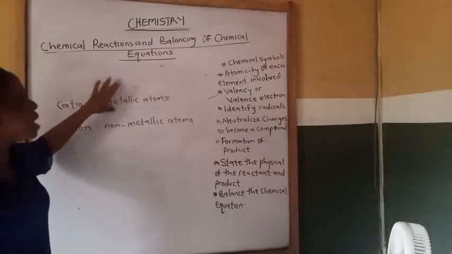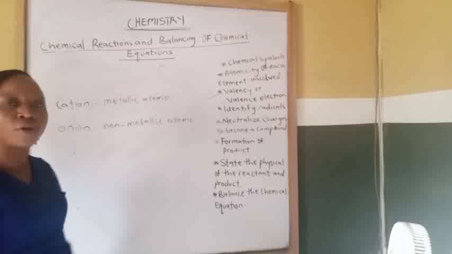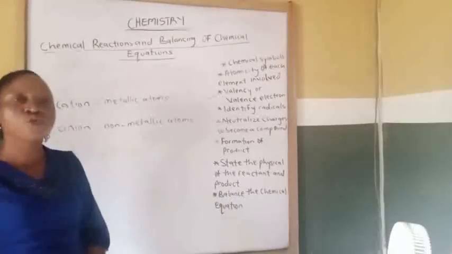Then how can we determine the number of valence electrons? So you write the electronic configuration of that element in ratio form.